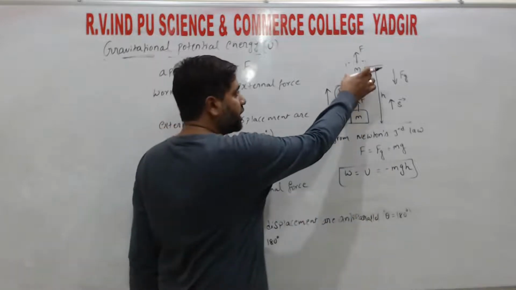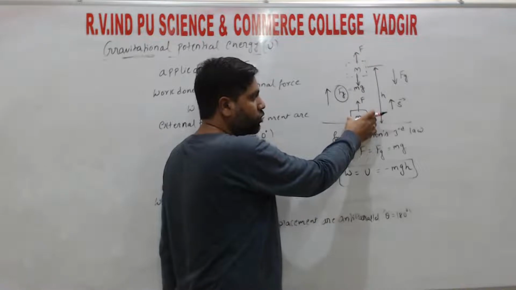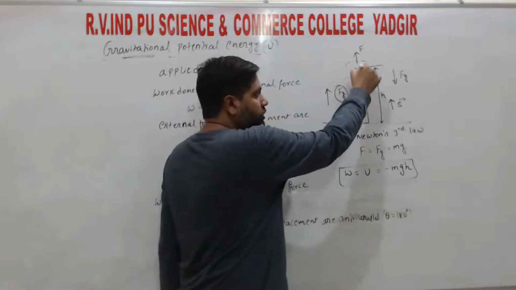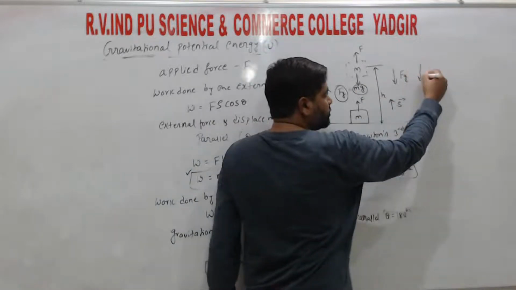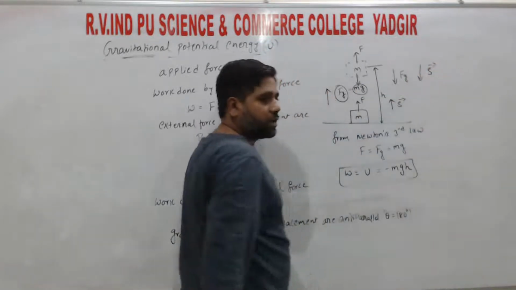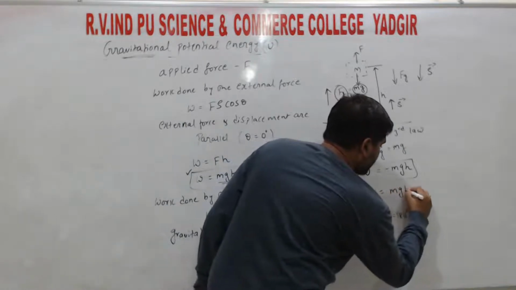If the same object is moving downward, that is, if we bring it down from above, that means the gravitational force is acting downwards and the displacement is also acting in the downward direction, right? So that means U is equal to mgh.